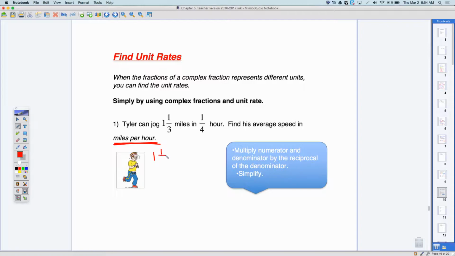So you want to make sure that you put your miles in your numerator and your hours in your denominator. Since we have a mixed number, we want to write it as an improper fraction, so that gives us 4/3 over 1/4. Now we can multiply our numerator and our denominator by the reciprocal of the denominator.